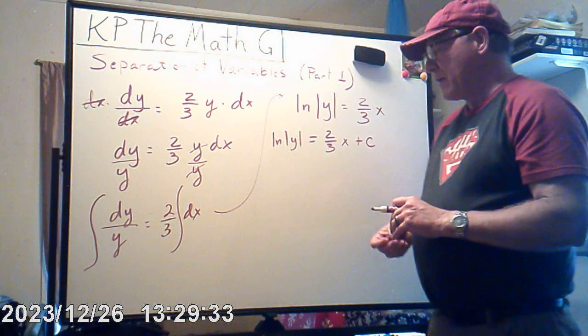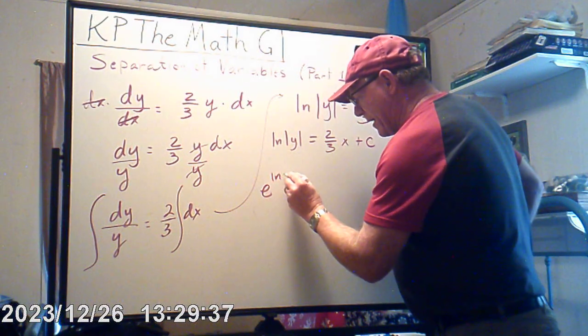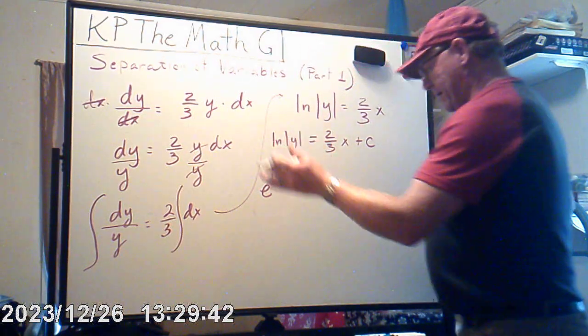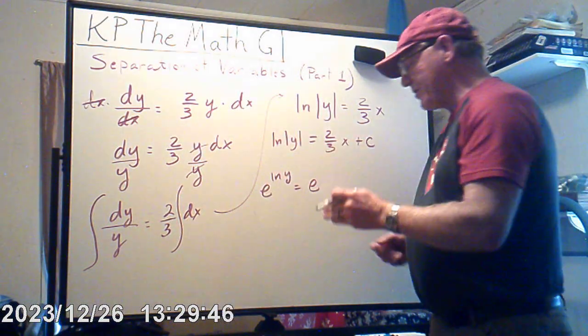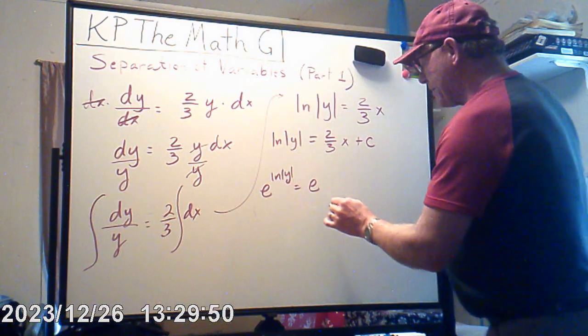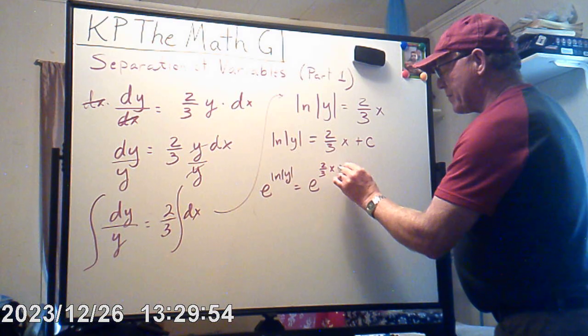We can introduce the e. e to the ln y is equal to e to the 2/3 x plus c. You have to put it on both sides. If you have e on one side, you have to have e on the other side.